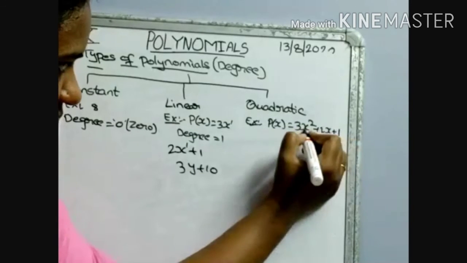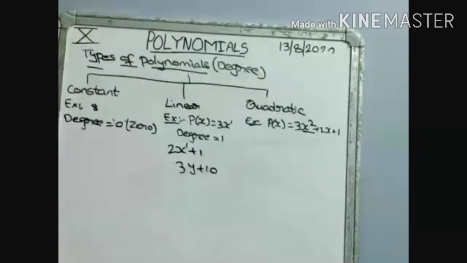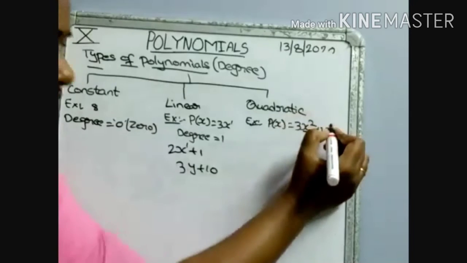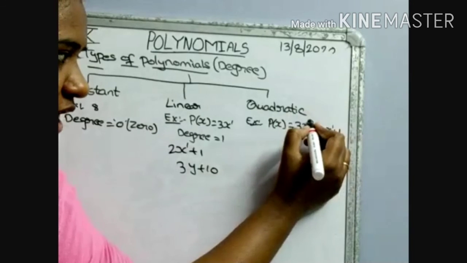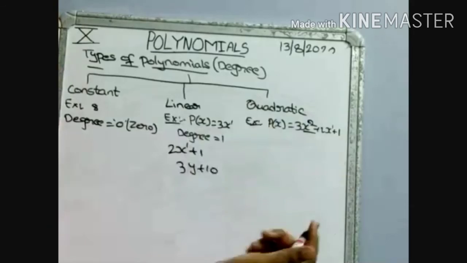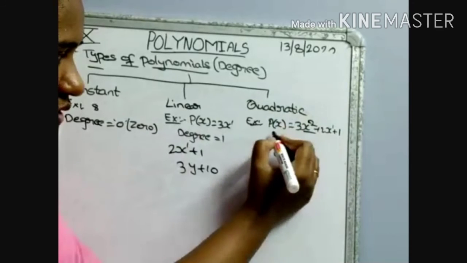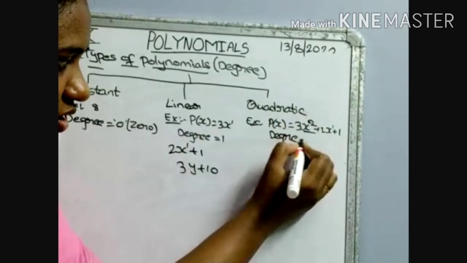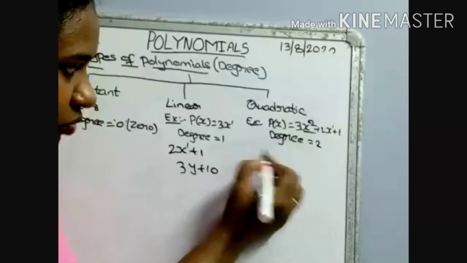Here this power is 2, but here 1 also is there, but we will consider only the highest power. So here 2. So degree is 2. If you take some more examples, 4x square plus 7x plus 10.